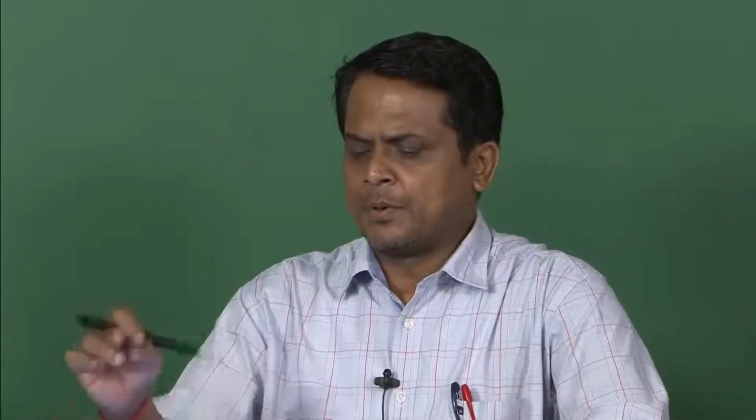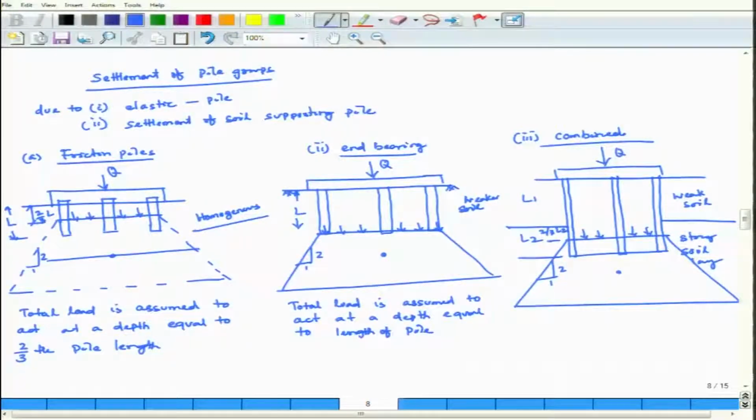Then from there, with 2:1 distribution, you find out the settlements. So, this is how you calculate the settlement of the pile group, particularly in clay.